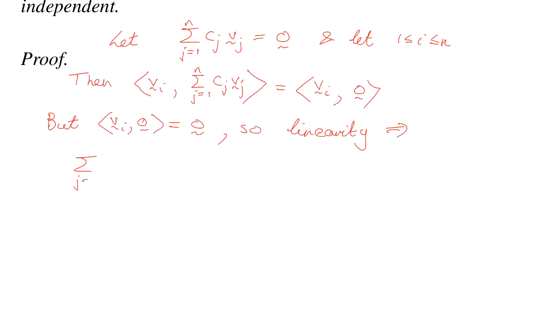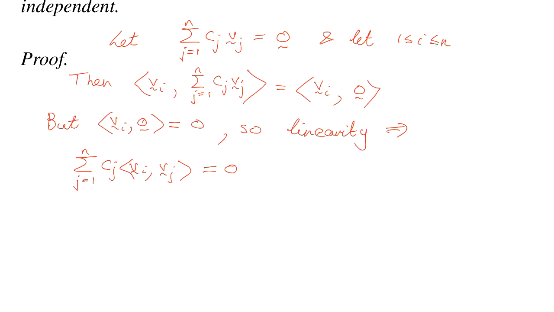We get the sum over the j's, Cj times the inner product of Vi and Vj, equals 0. Sorry, that's not a vector 0, that's the number 0. That make sense? It's just using linearity in the second argument, which is one of our inner product space axioms.